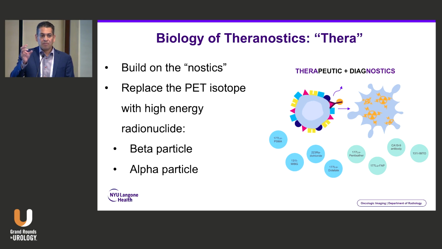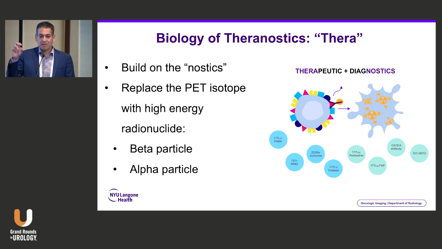The glue between the Thera and the Gnostics part is actually the biologically active molecule. If you remember what we said before, in order to do a PET scan, you need to have a radioactive isotope and you need to have a biologically active molecule.